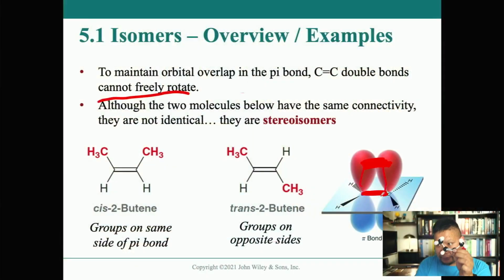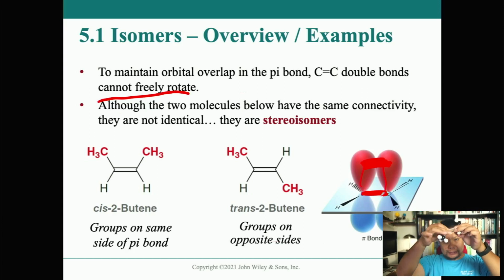So let me bring this back to the PowerPoint slide. Since it doesn't rotate at all, having both methyl groups on one side, you can actually move one around to the other side. So now it's not cis anymore, it's trans.